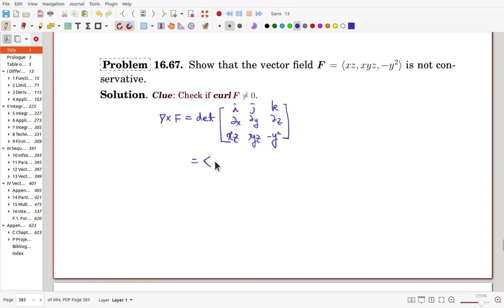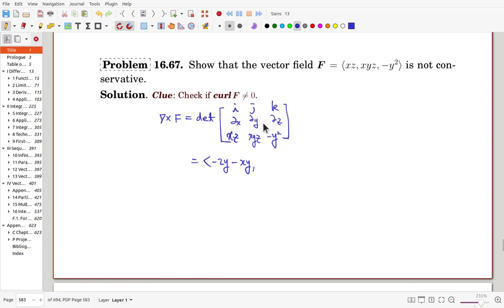That's minus 2y, and then the z derivative, the negative of this z derivative, that's minus xy. Already it is non-zero. However, let's try to finish the curl of F.